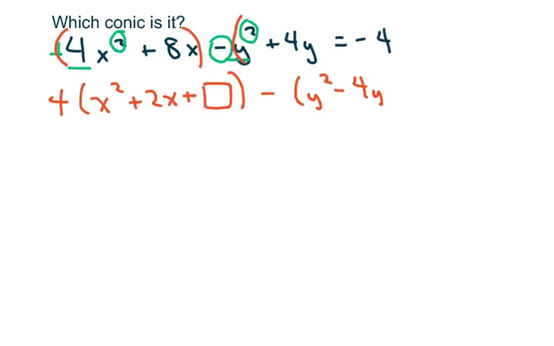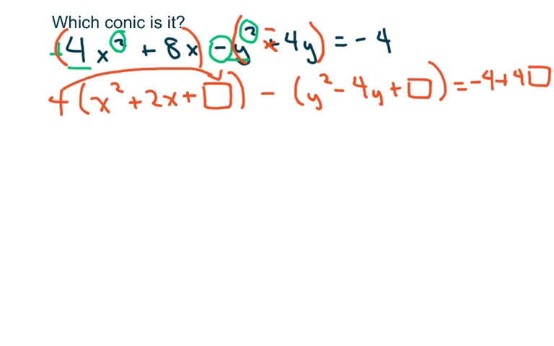When you put parentheses around this, you have to change this to a negative, because 2 negatives would make a positive. Now, this equals negative 4 plus 4 times the box, 4 times that square, and then minus, because this is minus 1 here, minus a box.